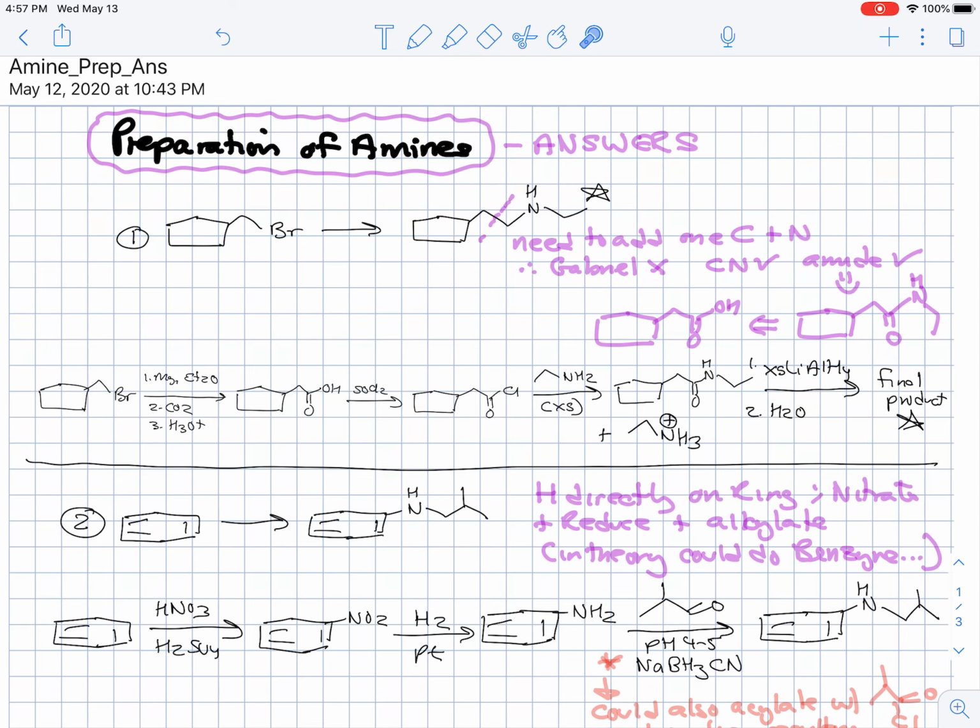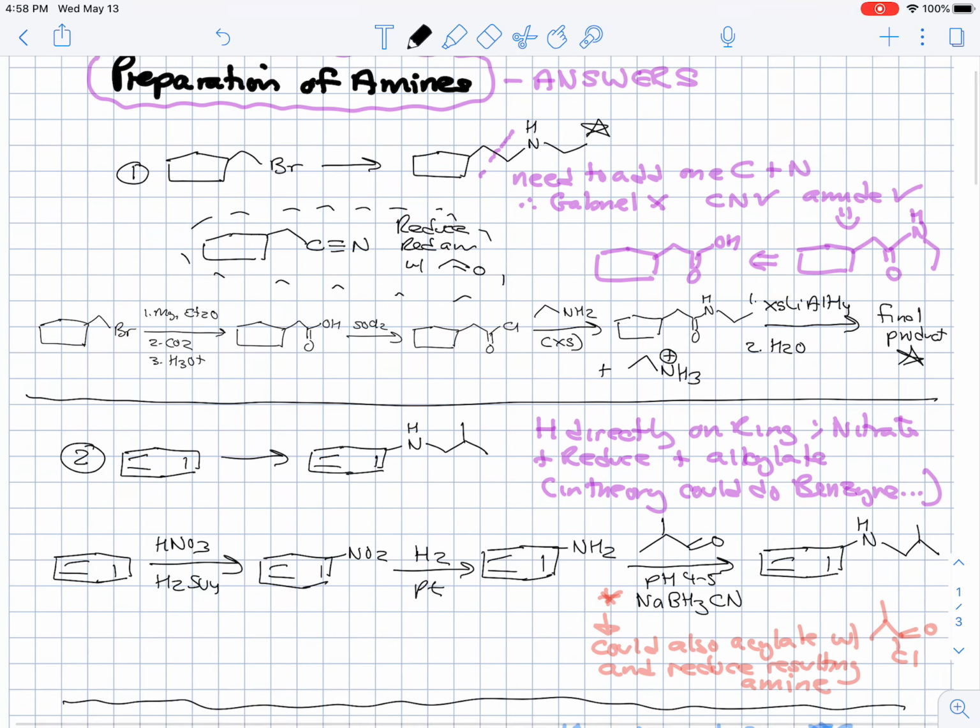And again, you also could have done it by making, say, this nitrile, and then reducing that nitrile to a primary amine, and then you could probably do a reductive amination to add that ethyl group. So either one of those would work, and those probably aren't the only two ways to do that.